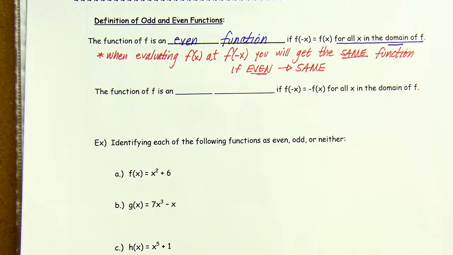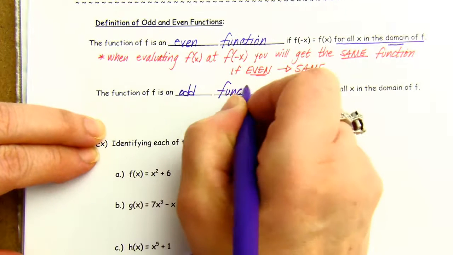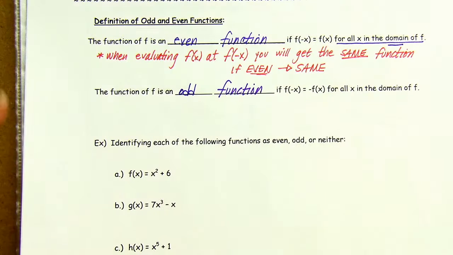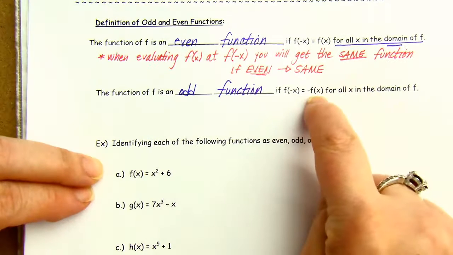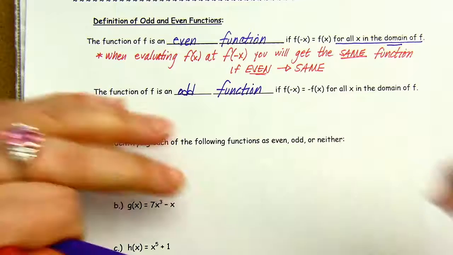The function f is an odd function if f of the opposite of x equals the opposite of f of x for all x in the domain of f. Let me underline that in purple.